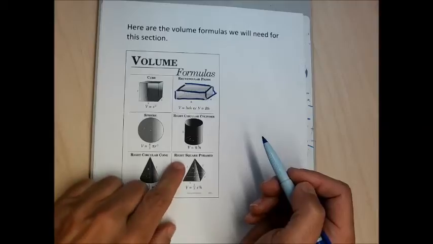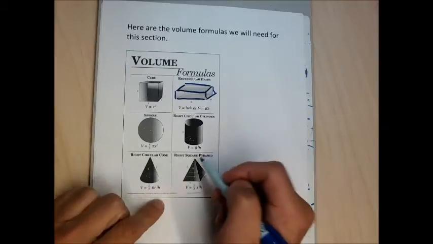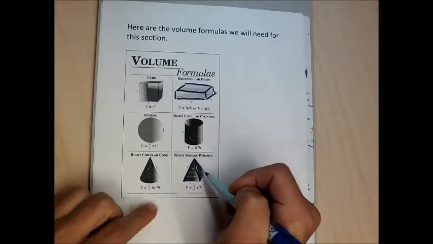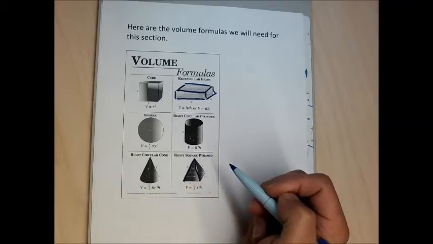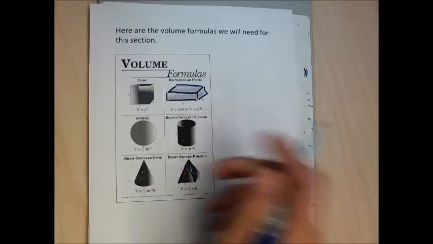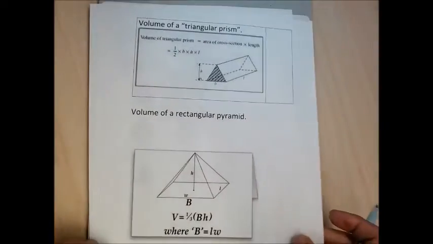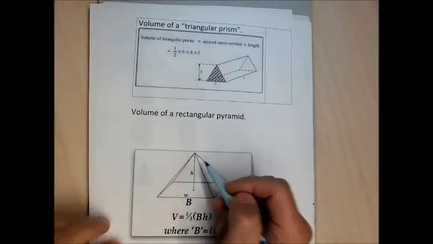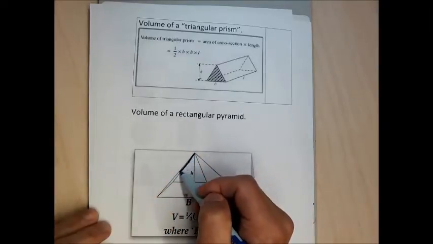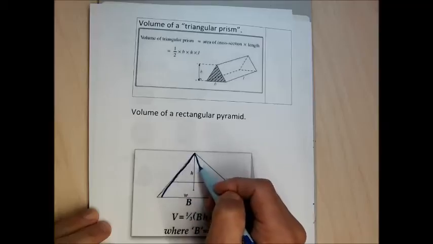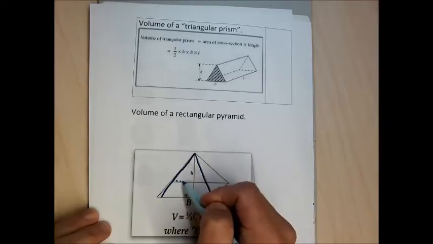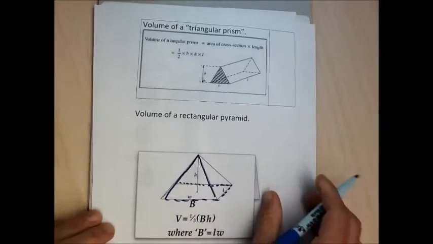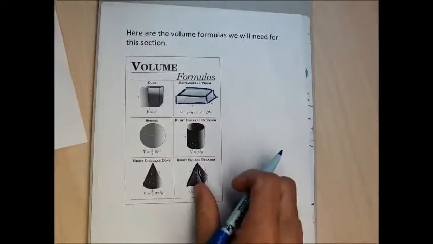A right square pyramid. Pyramids come to a point, and this pyramid has a square base. That's why it's called a square pyramid. We have pyramids that aren't square pyramids. This is a rectangular pyramid. It's a pyramid because it comes to a point, and it's a rectangular pyramid because the base of the pyramid is a rectangle as opposed to a square.